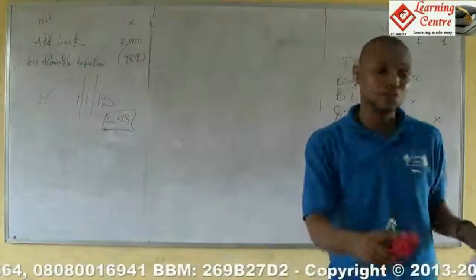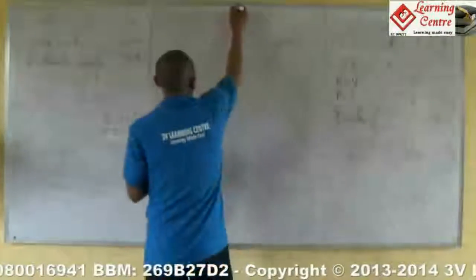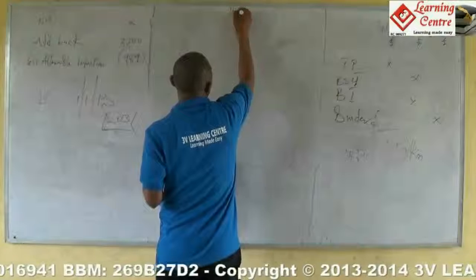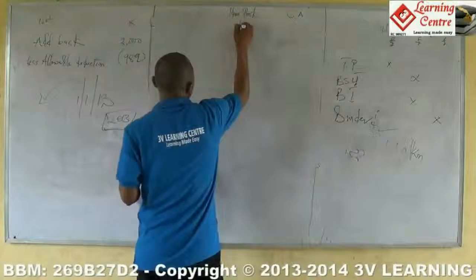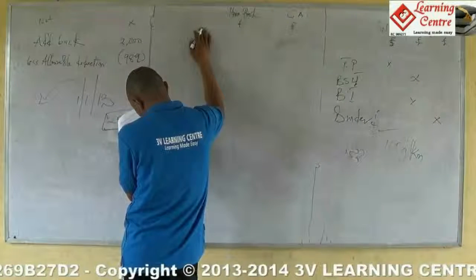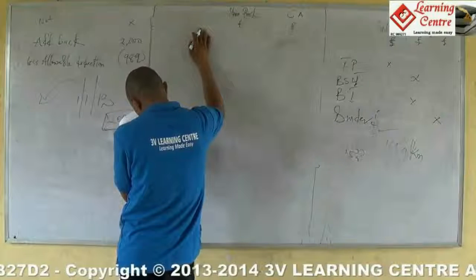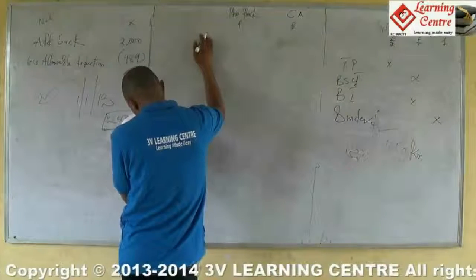Of course, this is an illustrative question. We have our main pool here. Now we have the allowance. What was the TWDV in the book? 18,000.